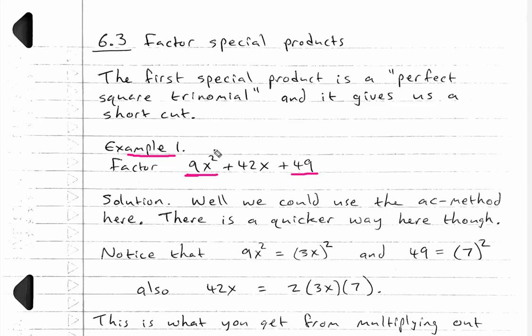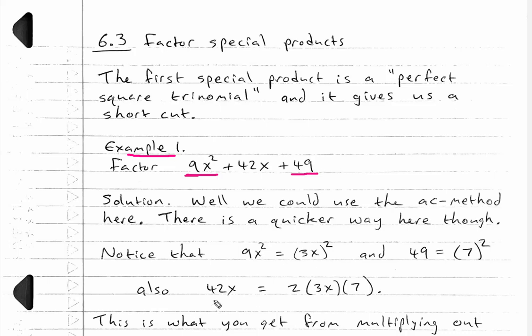The idea is to look at the first term and the last term. If they're both something squared, then we might be in business. 9x squared, that's 3x times 3x. 49 is 7 times 7. So that's telling us that this might be a perfect square trinomial.